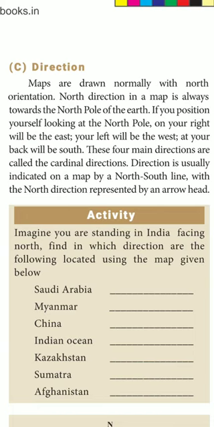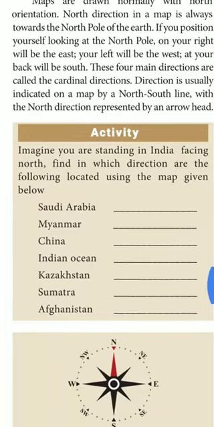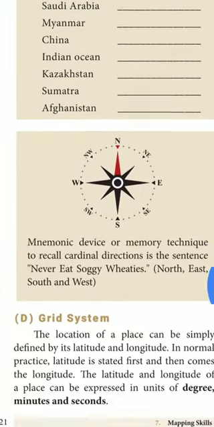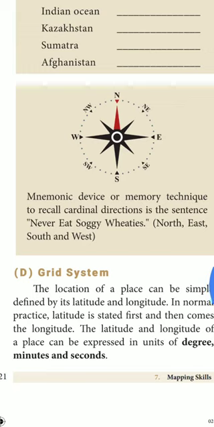Direction is usually indicated on a map by the north-south line with the north direction represented by an arrowhead. Okay. From this picture you can understand easily, isn't it? North on the top and south on the bottom. On the right-hand side east and on the left-hand side west. In between are northeast, southeast, southwest and northwest.